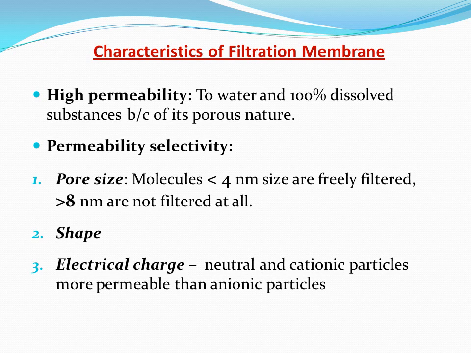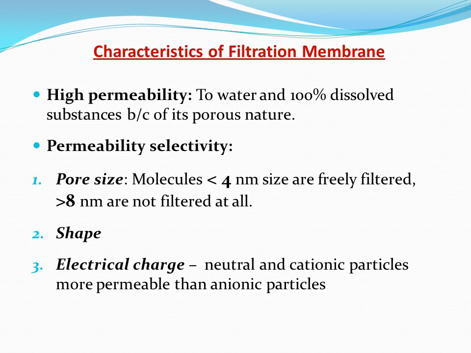And the basement membrane has a pore size of 6 to 8 nanometer. So with that filtration membrane in mind, molecules whose size is less than 4 nanometer can be easily filtered through the membrane. But substances with a molecular size of more than 8 nanometer are not filtered at all.